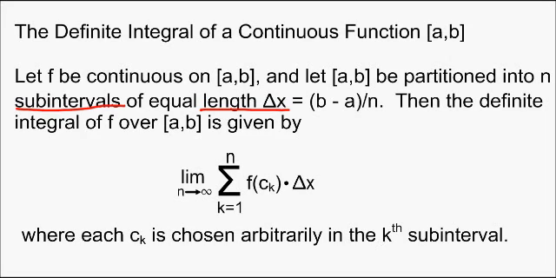So basically, if you had an infinite number of partitions, so instead of like 2 or 4, you have infinity partitions, that's when the width of each one will be 0. So as the limit as n approaches infinity for your Riemann sum, that will give you your definite integral.